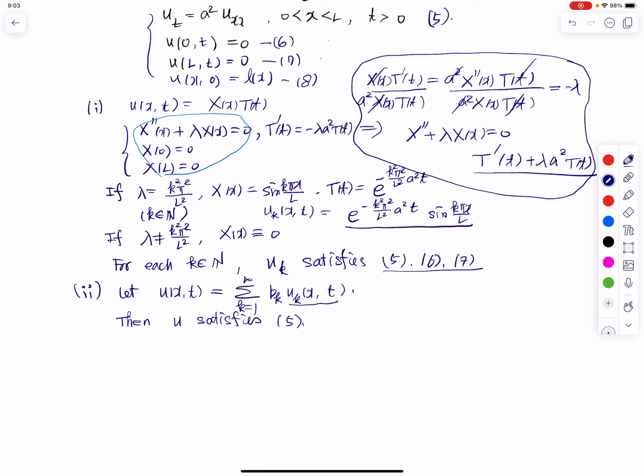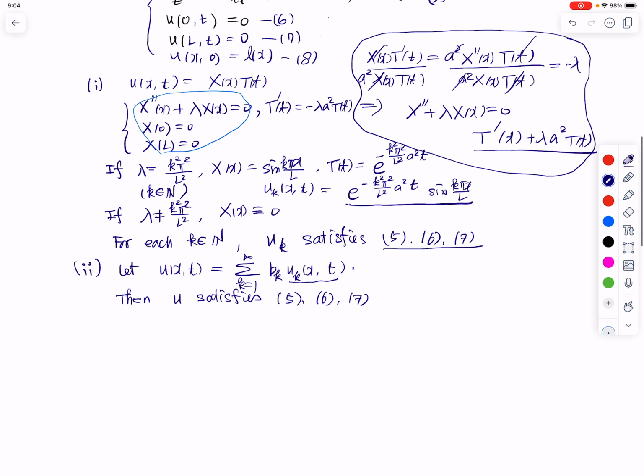Well, you can actually prove this after we find bk. So that's a little thing to prove. In our textbook, it says superposition, the theorem of superposition, but I didn't mention it yet.